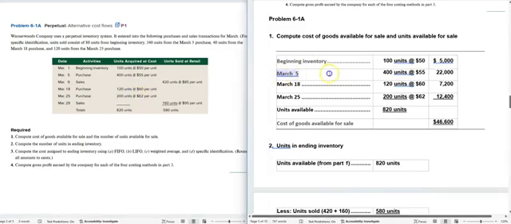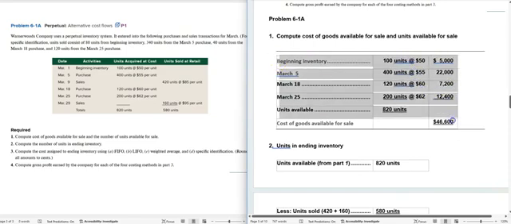So if we add those 3 purchases to our beginning inventory amount, that's going to tell us the total number of units that they had available for sale, as well as the cost of the goods available for sale.